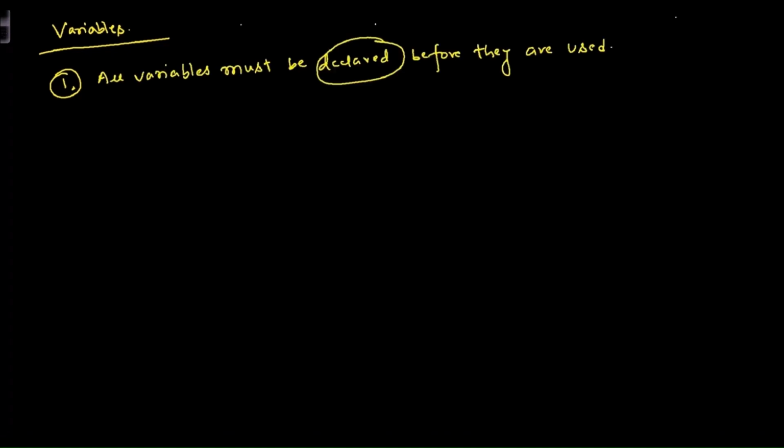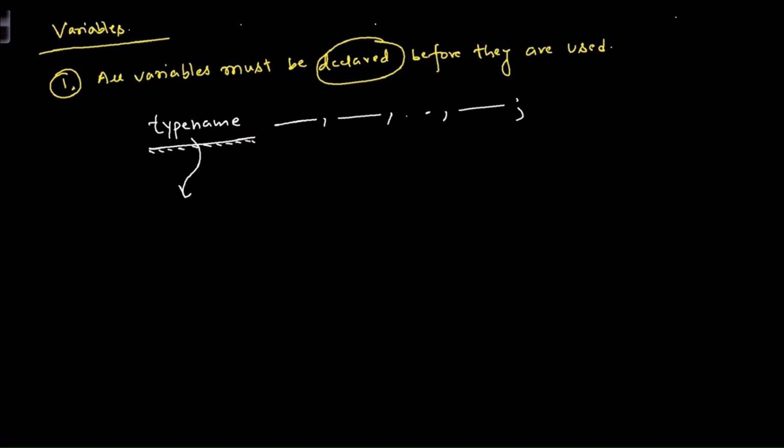Okay. All variables must be declared before they are used. So the syntax of declaration of a variable is simply type name, okay, type name and so on.